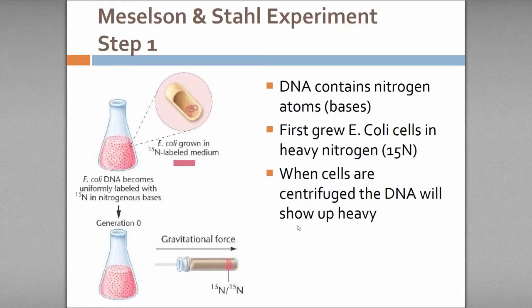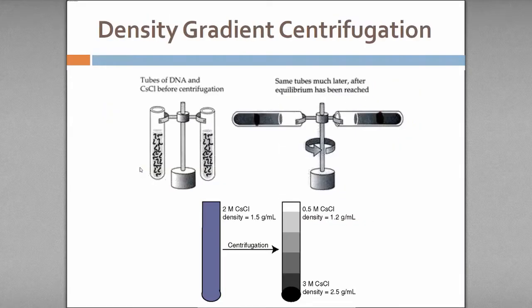When these cells are centrifuged, the DNA will show up heavy, or heavier than normal. I don't know how they went about doing this, but they created a generation zero where the DNA is made entirely of this heavy nitrogen. And there's a centrifugation method that creates a density gradient.